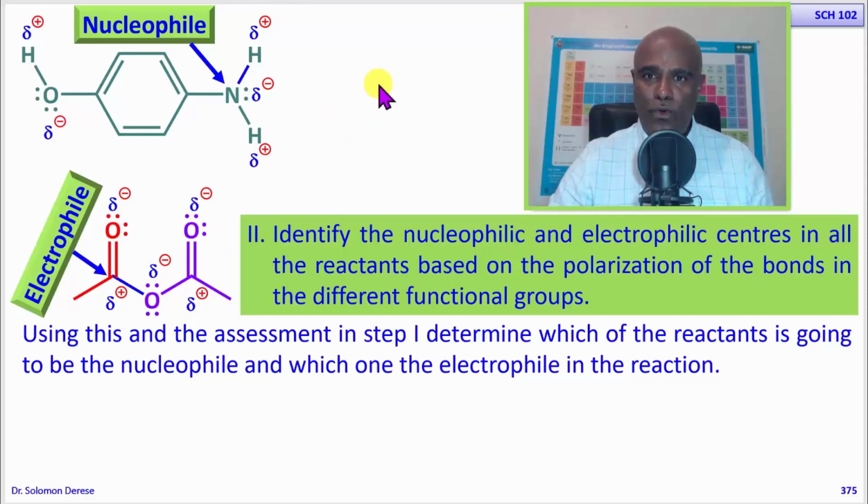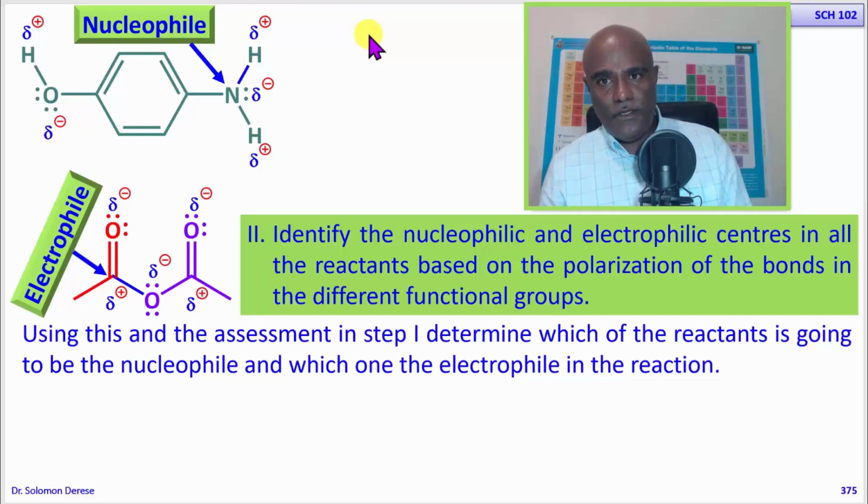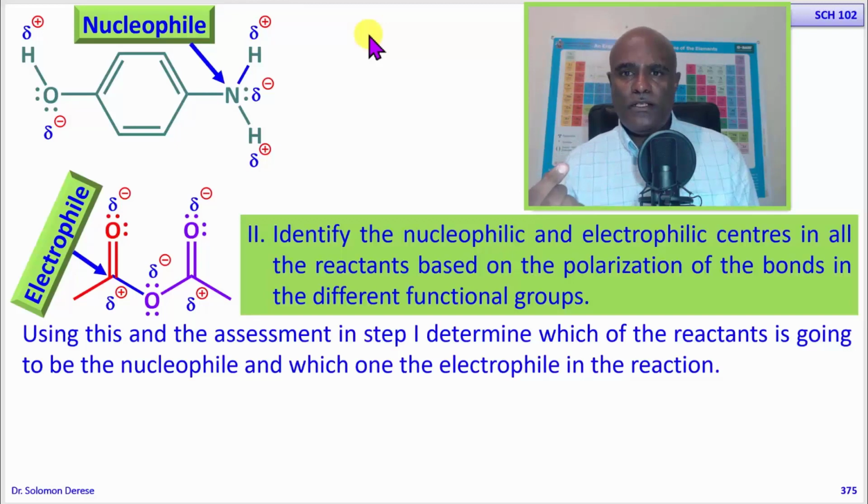How are you going to know what product is formed when 4-aminophenol and acetic anhydride react with one another? This is a situation which you are normally confronted with as an organic chemist. You have two reactants. You don't know what product is formed, but you have to know what product is formed.